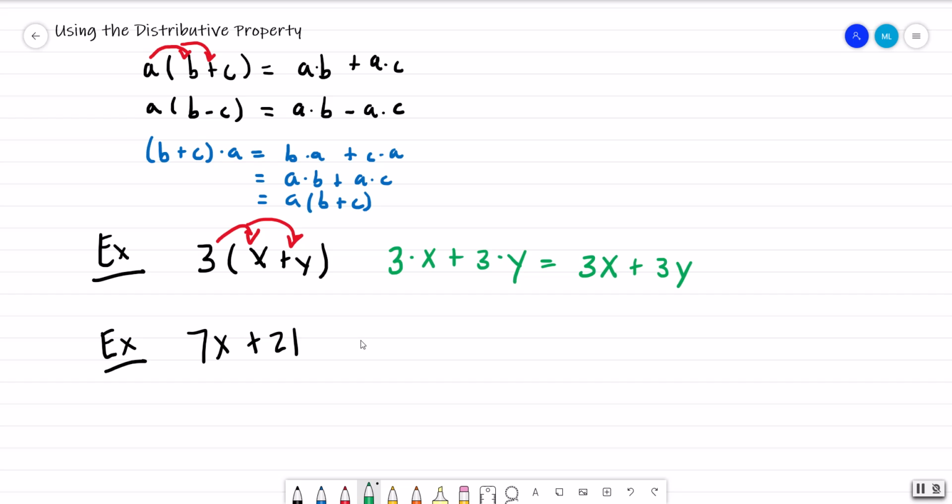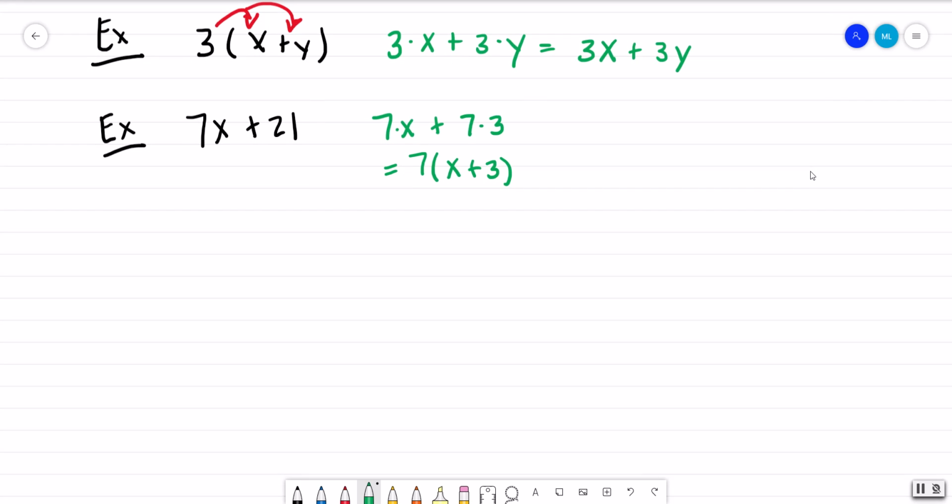By reversing the process, we mean that we would rewrite this as 7 times x, plus, well, 21 can be rewritten as 7 times 3. So we just rewrite this as 7 times x plus 3. And that would be it for that example, whenever you're trying to reverse the distributive property.